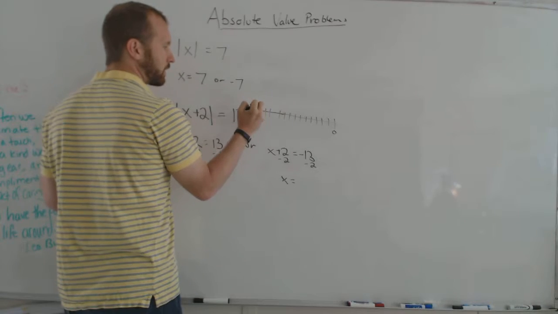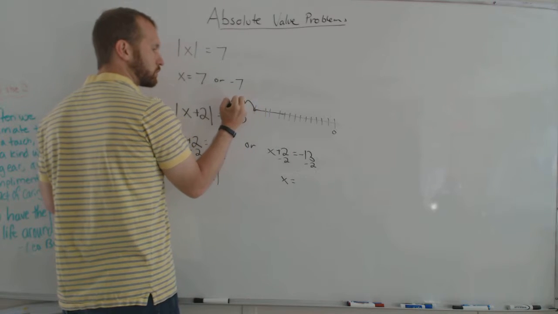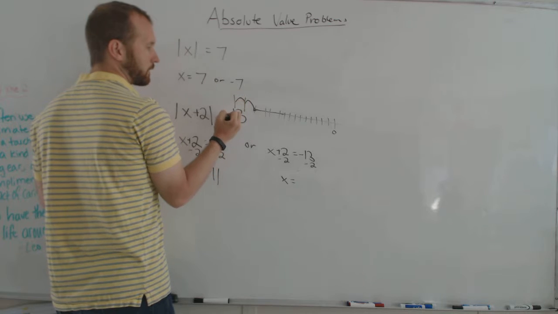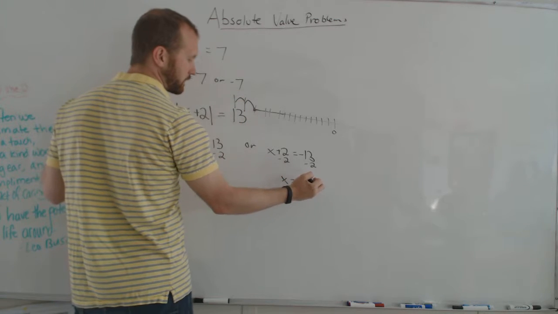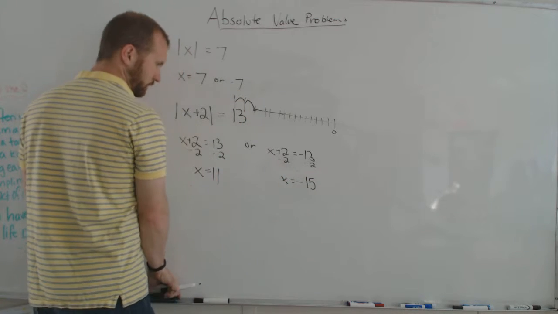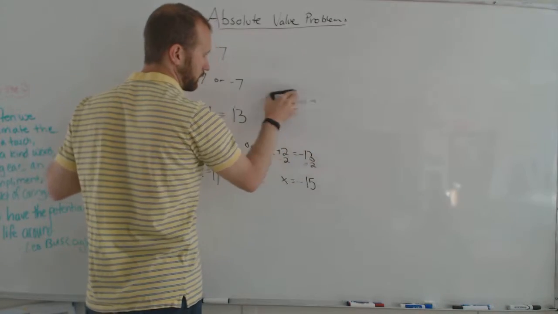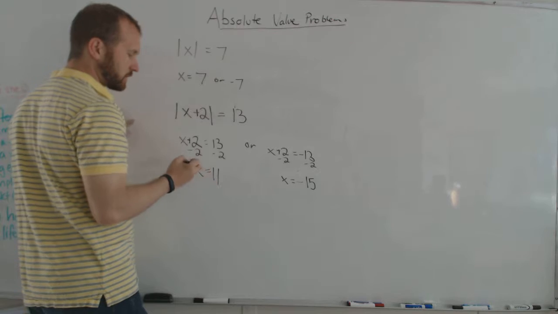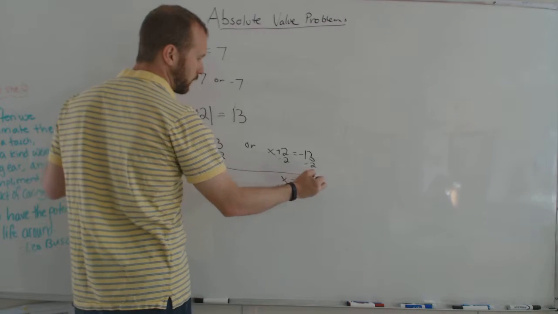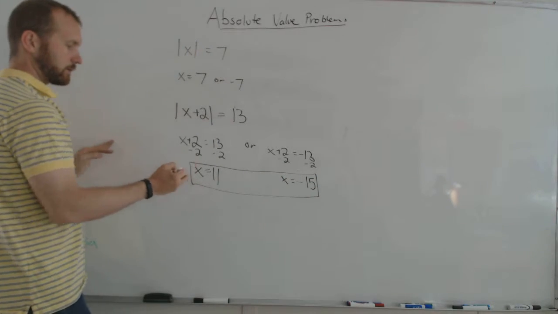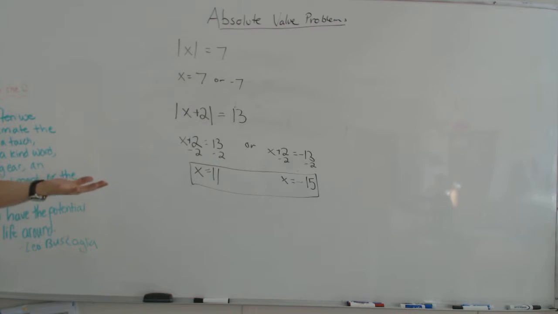I'm over here and I want to go minus 2. What number would I be at? Yeah, negative 15. And those are my solutions. Either x equals 11 or x equals negative 15. And that's it.